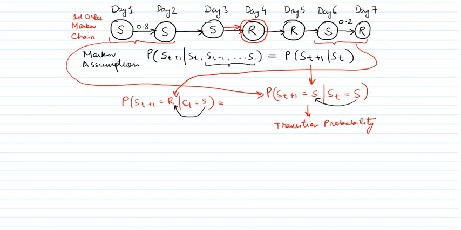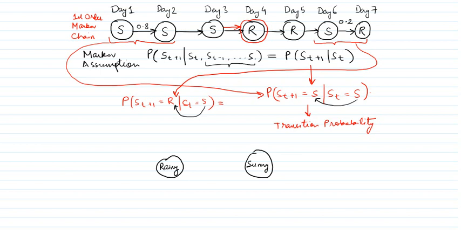Similarly, we can have more probabilities associated here. P of S_{t+1} could be sunny given sunny, that is done; rainy given rainy; and sunny given rainy. So let's draw it in the form of a Markov model. We represent one state here as rainy and the other as sunny.